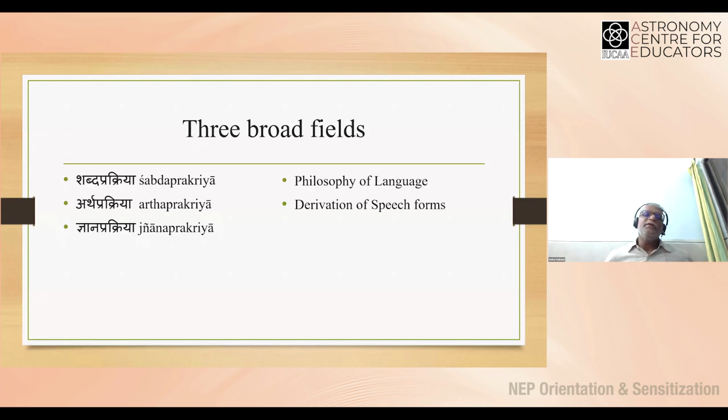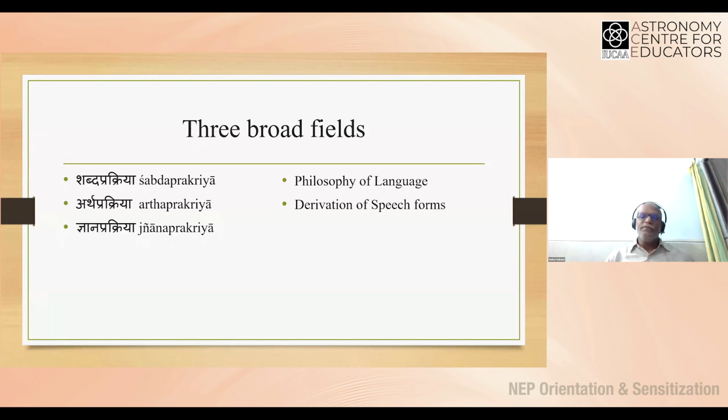So the Sanskrit grammatical tradition works in these three broad fields. Artha Prakriya and the Jnana Prakriya can fall under what is known today as philosophy of language. Though the word perhaps sometimes may be misleading to some, because they might look for certain things which perhaps are not the major concerns of the Indian thinking.